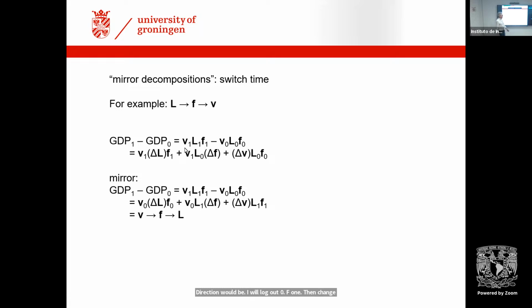And finally, you have delta V, which is weighted with L and F here at 0. The mirror decomposition: change ones into zeros and zeros into ones. 1, 0 becomes 0, 1, and 0, 0 becomes 1, 1. And you see this is exactly the mirror decomposition. That is how you calculate the mirror decomposition.